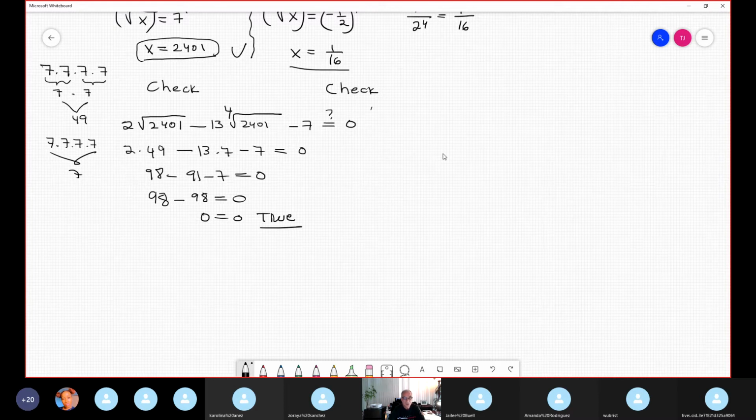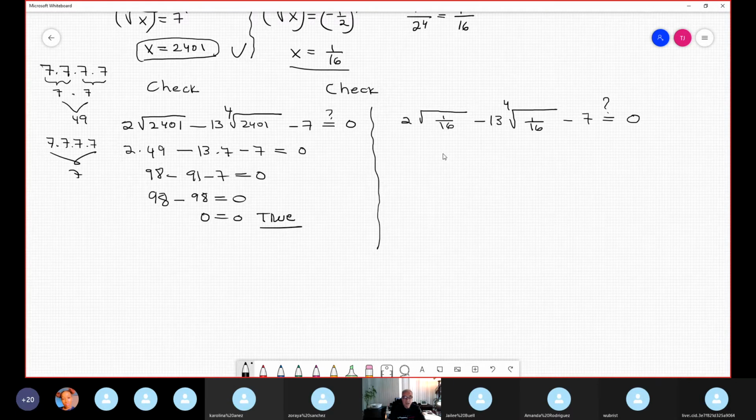Okay. However, I need to check it for both. I check it for this one. Okay, similar. It's 2 times the square root of 1 over 16 minus 13 times the 4 root of 1 over 16 minus 7 should be 0.